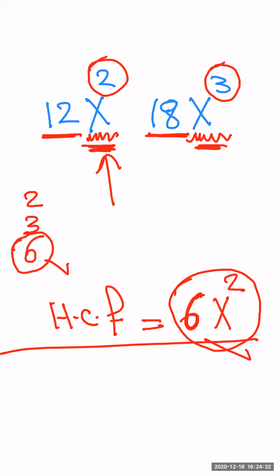Okay, so again briefly, how to factorize by identifying the highest common factor, which is HCF. First point, find the HCF for the coefficients, the numerical numbers.